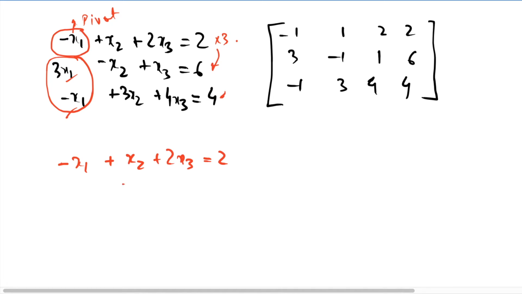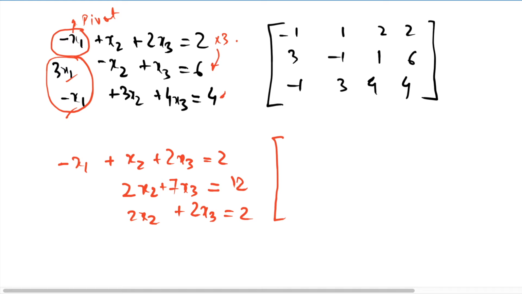And now with the x1s gone, we get 2x2 plus 7x3 is equal to 12, and 2x2 plus 2x3 is equal to 2, right?